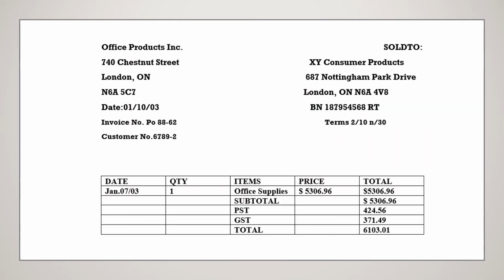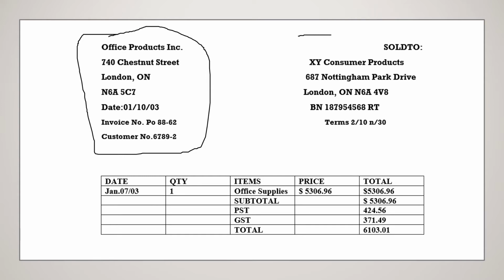You will have a purchase invoice that looks like this. As usual, this is where you will have a supplier address and the date of the invoice and the number of invoice, the customer number, they're all in there. On the other side, you have your company address and the term of sales, term of purchase.